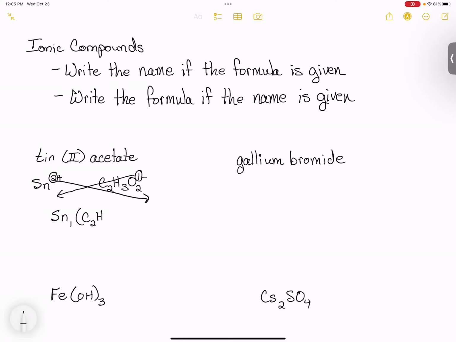Because we are dropping a number greater than 1 onto the acetate, we put the acetate in parentheses with the number outside. Now, typically, if there's only one of an element, we do not write the 1. So you're typically going to see this written as Sn(C2H3O2)2.